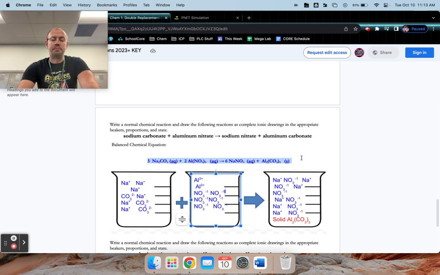We've seen that a few times. Then we look at aqueous and solid. Very similar, if you didn't do it yet, to the last question on the mastering. You write the formulas as we're swapping those partners, and then we use the solubility rules for aqueous and solid.